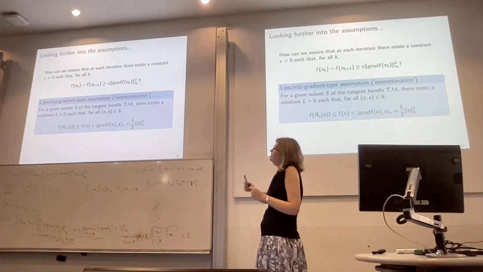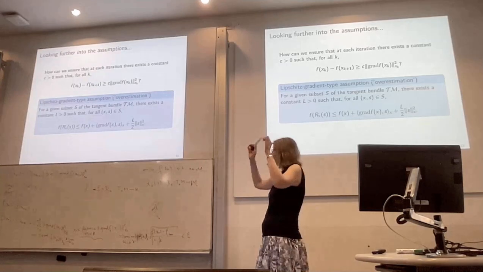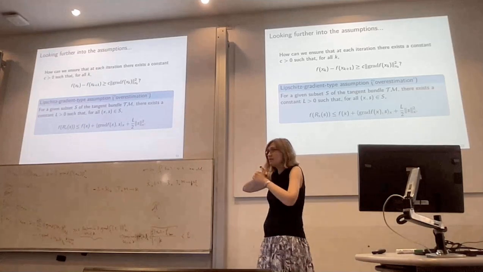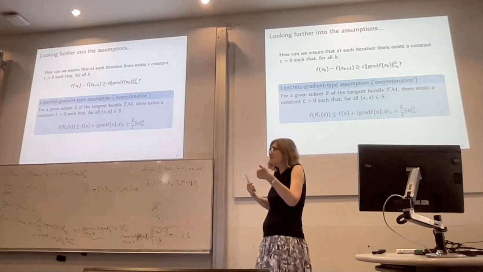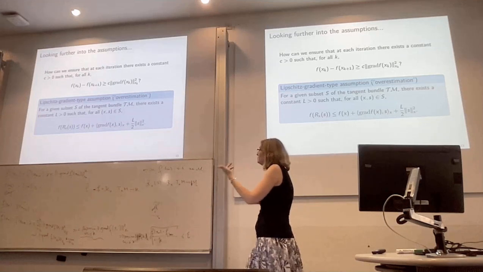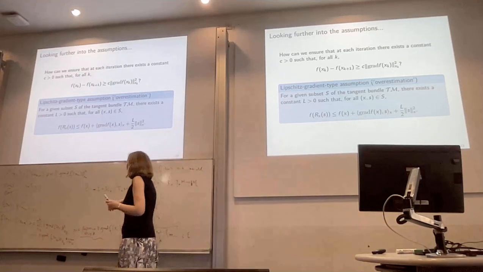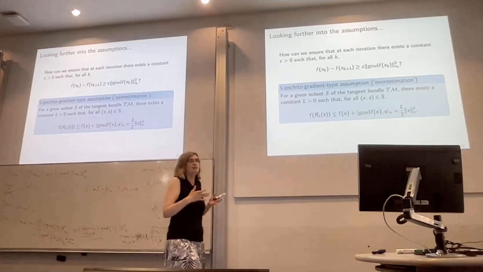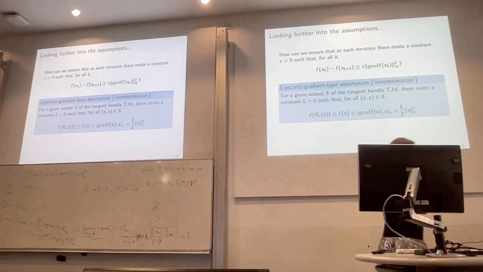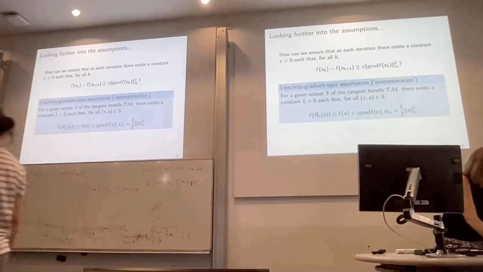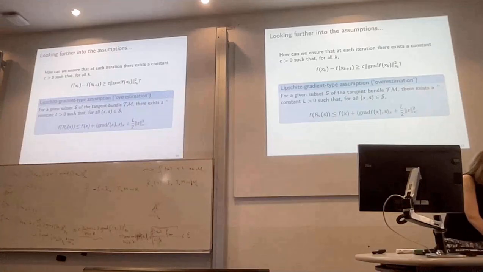Before I tell you about the problem, we need some smoothness of f, and we also need to make sure that the step alpha, the learning rate, is good enough. So let's start with smoothness. I'm going to maybe start.